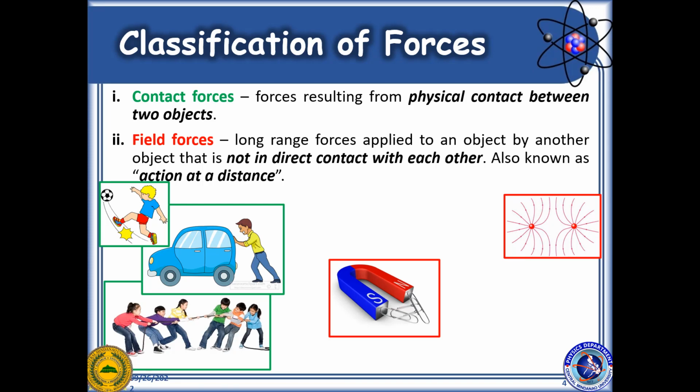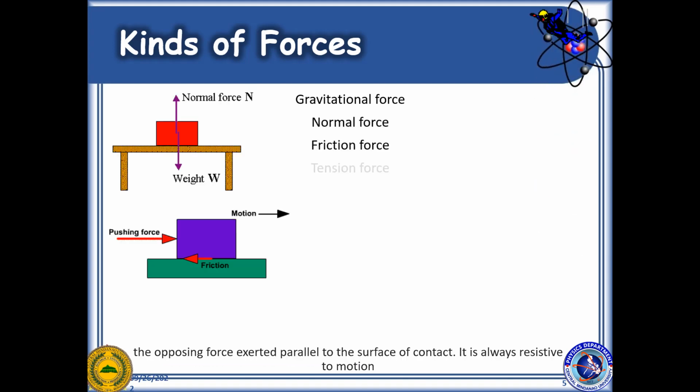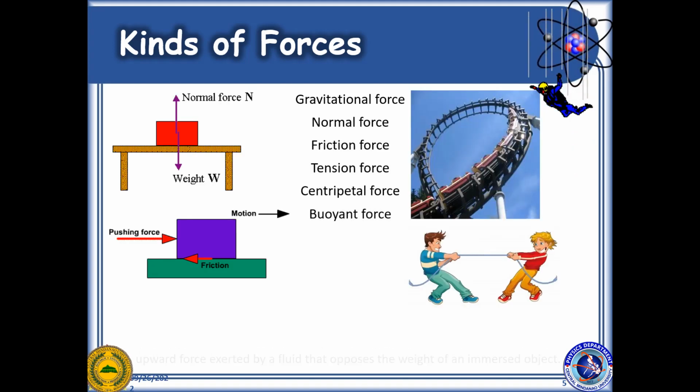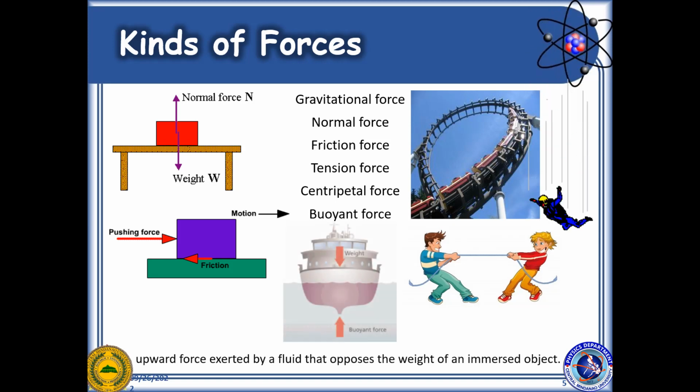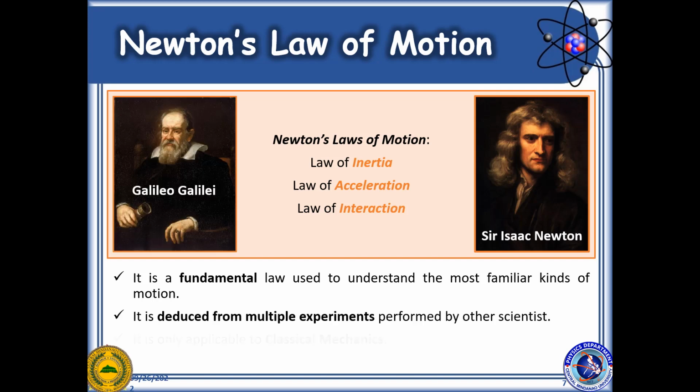There are several kinds of forces, but in mechanics we will encounter gravitational, normal, frictional, tension, centripetal, and buoyant force. We also discussed Newton's laws of motion: the law of inertia, the law of acceleration, and the law of interaction.